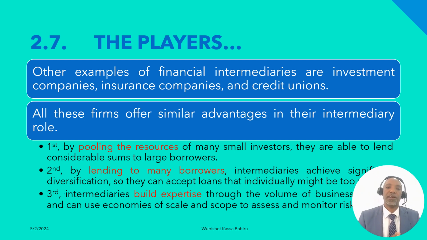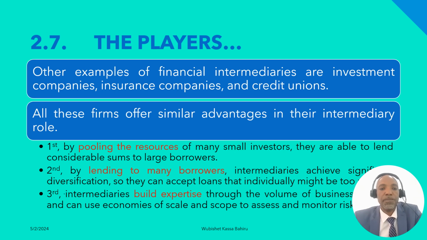Other examples of financial intermediaries are investment companies, insurance companies, and credit unions. All these firms offer a similar advantage in their intermediary role. First, by pooling the money of small investors, they are able to lend considerable sums to large borrowers.